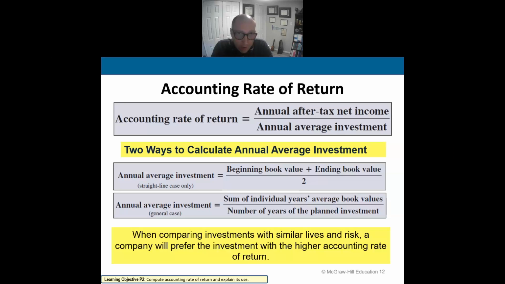And again, the accounting rate of return really is designed for simply comparing different investment decisions. It helps the company to understand its risk tolerance, especially when it comes to rates of return. The higher the rate of return, the better, of course, and that's usually the preferable investment.